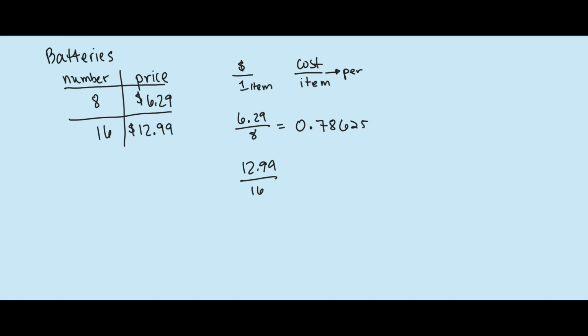And then I'm going to do $12.99 divided by 16, which is going to give me 0.811875. So this is about 79 cents a battery. This is about 81 cents a battery. So this is the better buy. The 8 batteries for $6.29 is the better buy.